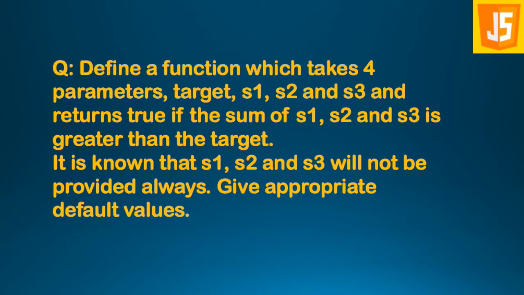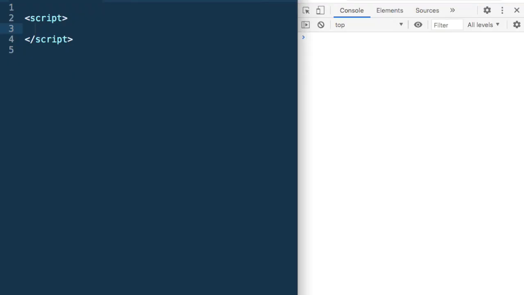Define a function which takes 4 parameters, target, s1, s2 and s3, and returns true if the sum of s1, s2 and s3 is greater than the target. It is known that s1, s2 and s3 will not be provided always. Give appropriate default values. So we'll define this function check, which will take these parameters target, s1, s2 and s3, and what will it do?